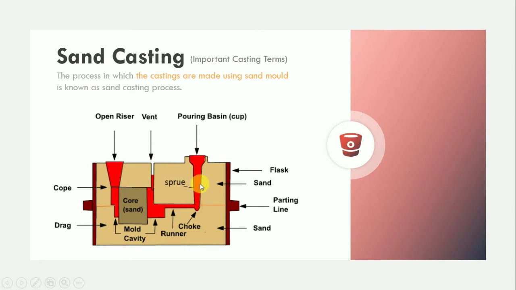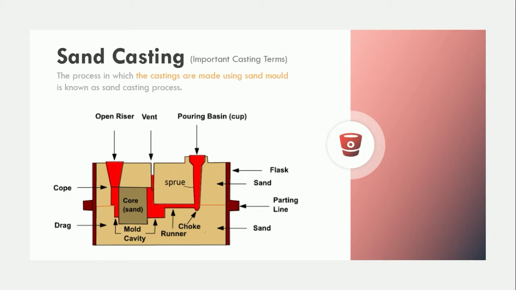Further on this side, here you can see there is a pouring basin. Just below that, you have the sprue, through which the molten metal is going to flow further. Then the runner is the horizontal hollow channel which connects the bottom of the sprue to the mold cavity. Then to the left side you have the riser.